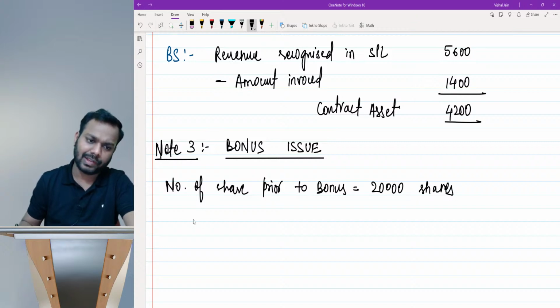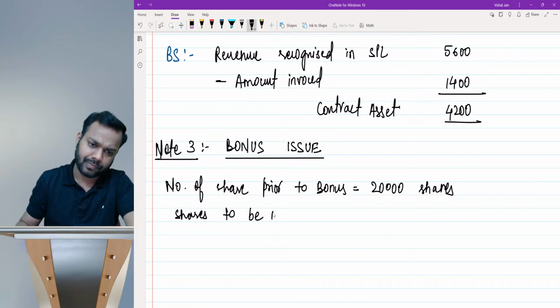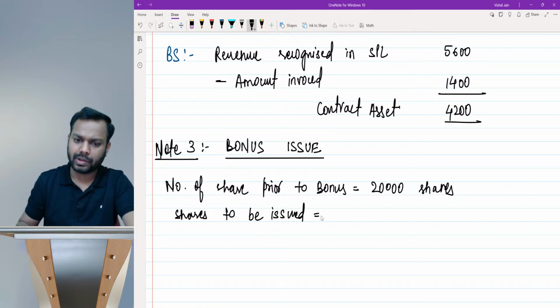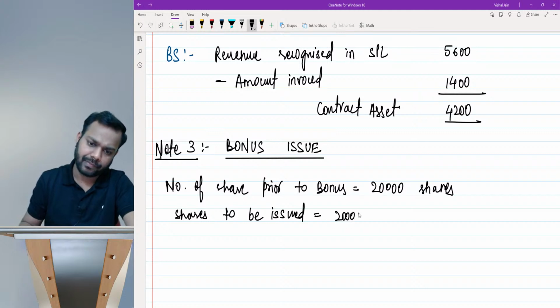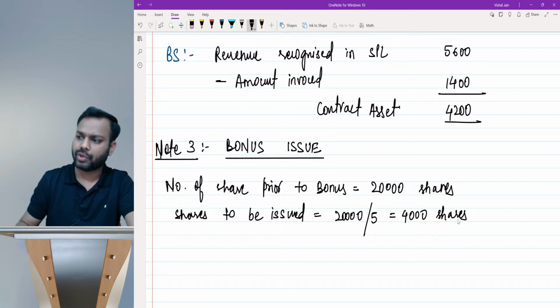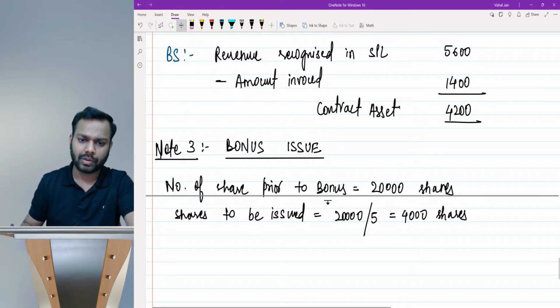So what is the number of shares to be issued? 20,000 divided by 5 is 4,000 shares. Why 5?